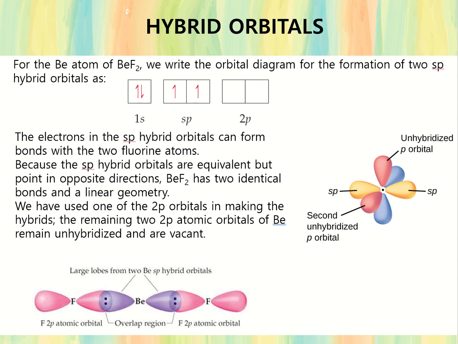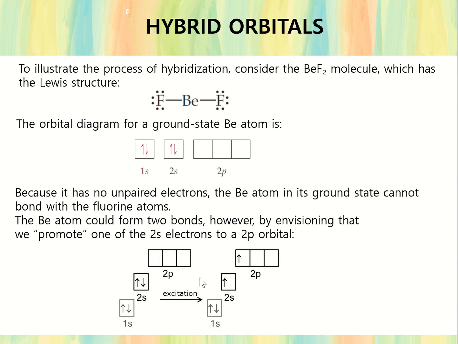The new orbital diagram for the formation of the two sp hybrid orbitals: here we have our paired electrons in the 1s subshell, and we have the unpaired electrons in the sp. So we have two sp hybrid orbitals, one electron in each, and then we have two unhybridized p orbitals. So this is what literally happened.